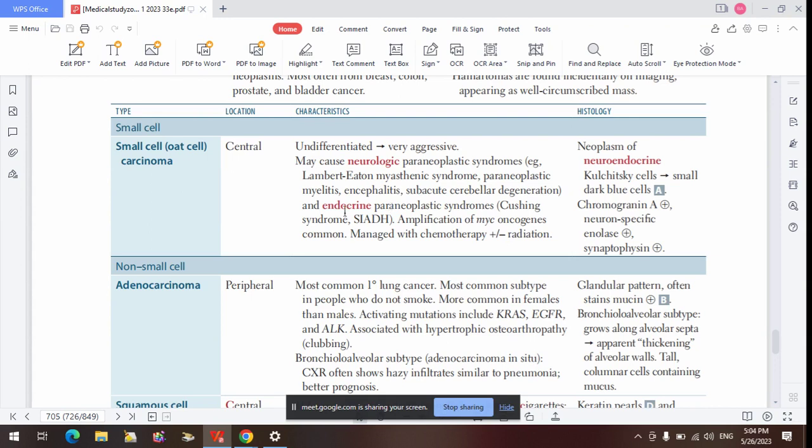The majority of these are associated with production of antibodies against Hu protein. By the time we are doing pathology, you will understand the features of these paraneoplastic manifestations very well. But for small cell carcinoma, it's due to antibodies against Hu antigens, and that is what is causing all these myelitis, encephalitis, and cerebellar degeneration.